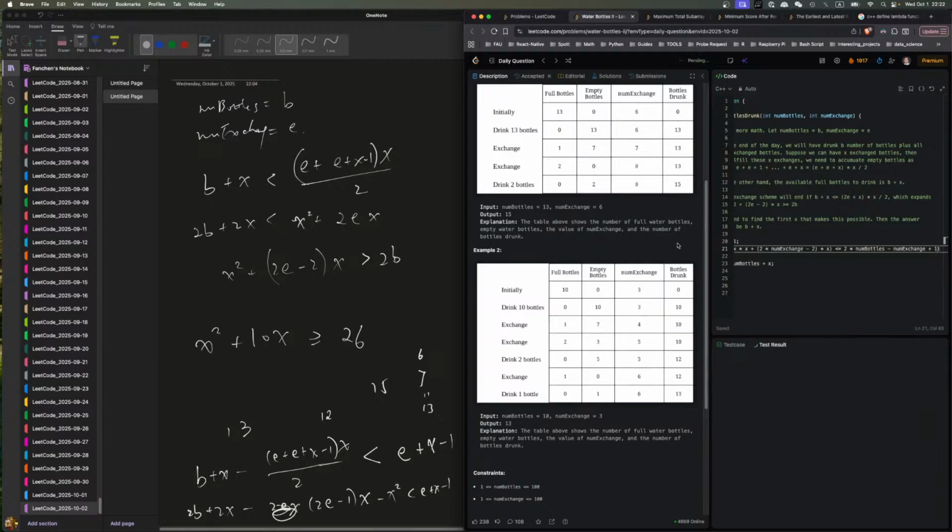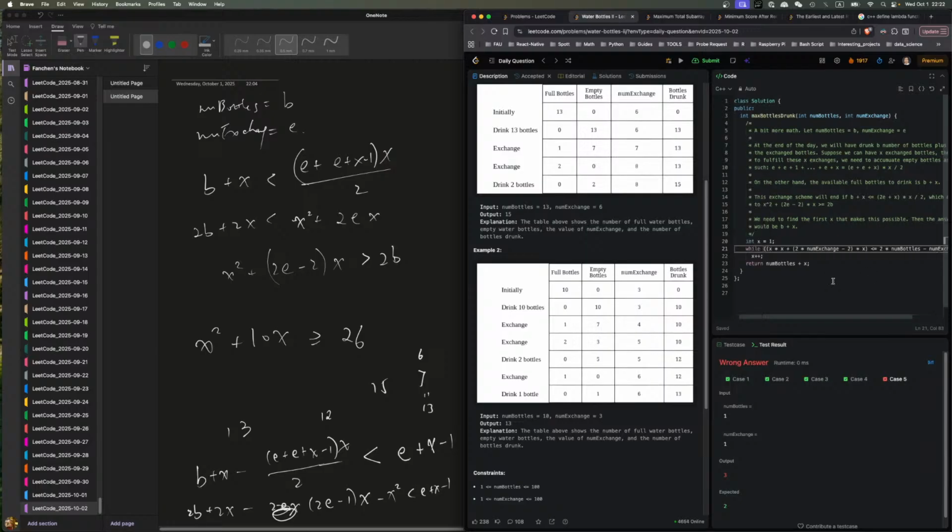Let's see if this one's right. Oh, it's almost 1-on-1. Good test case, by the way.